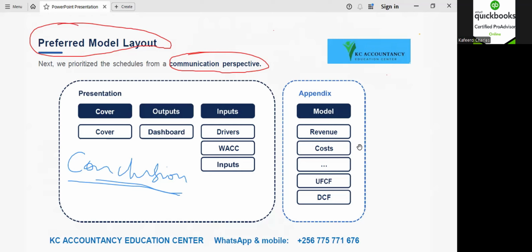Let's give these decision makers what they need right away within a nice, clear dashboard. The only way we are going to give them what they need is by providing the outputs.